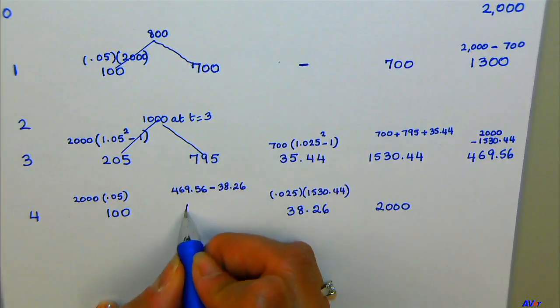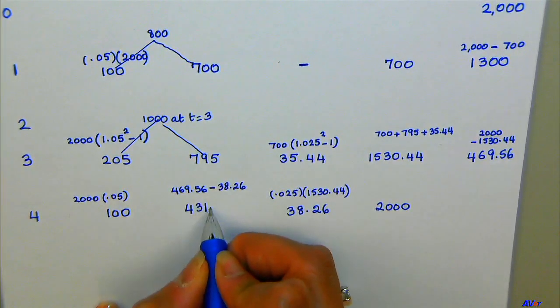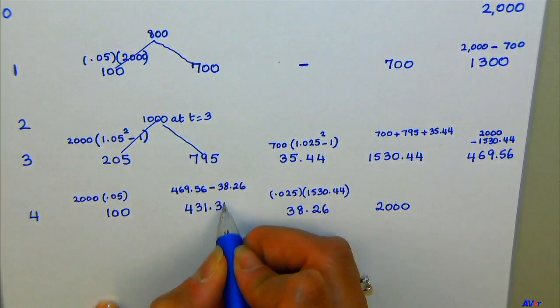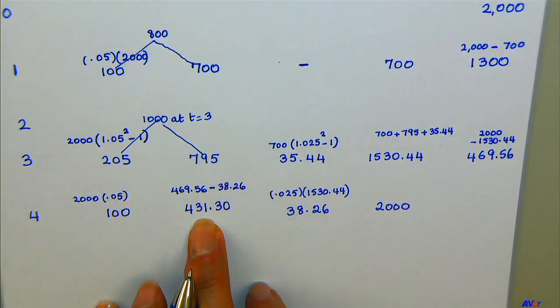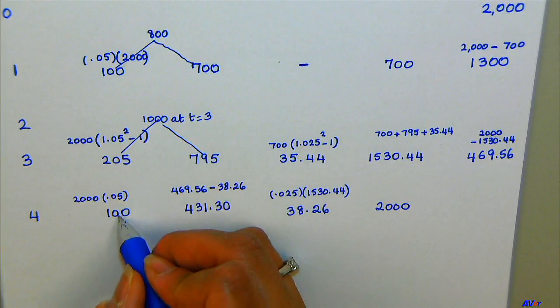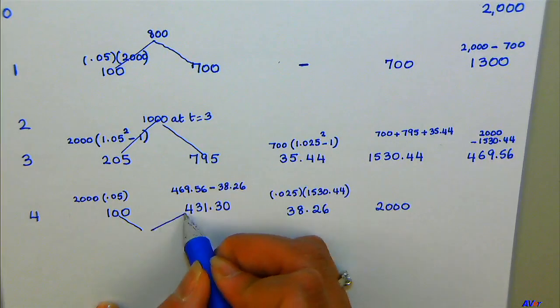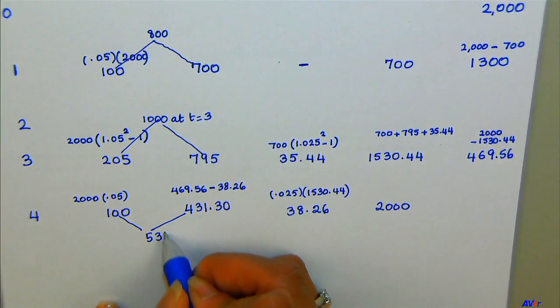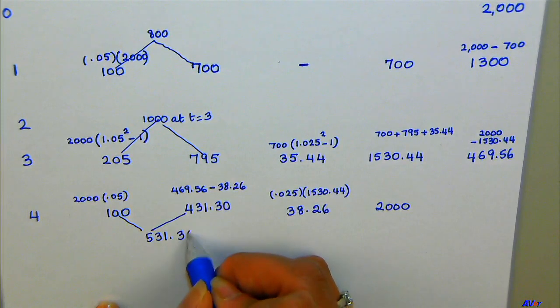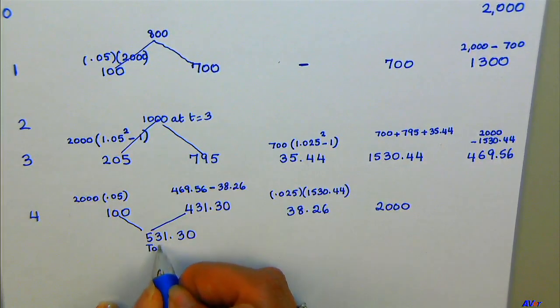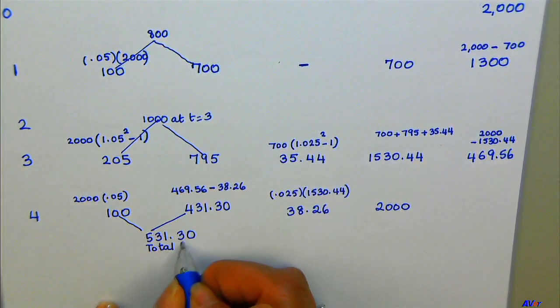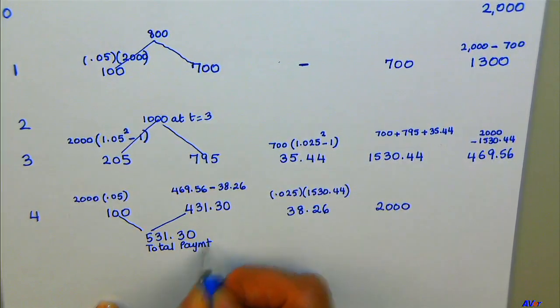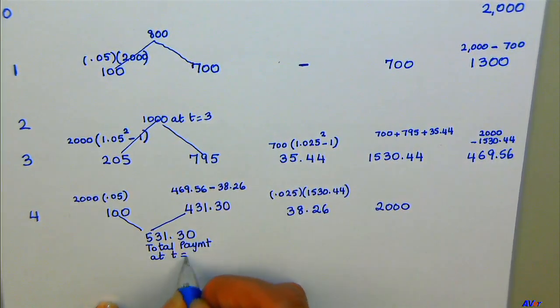That means that I have to make a payment of 431.30. So the total of this plus this is 531.30. Total payment at t equals 4.